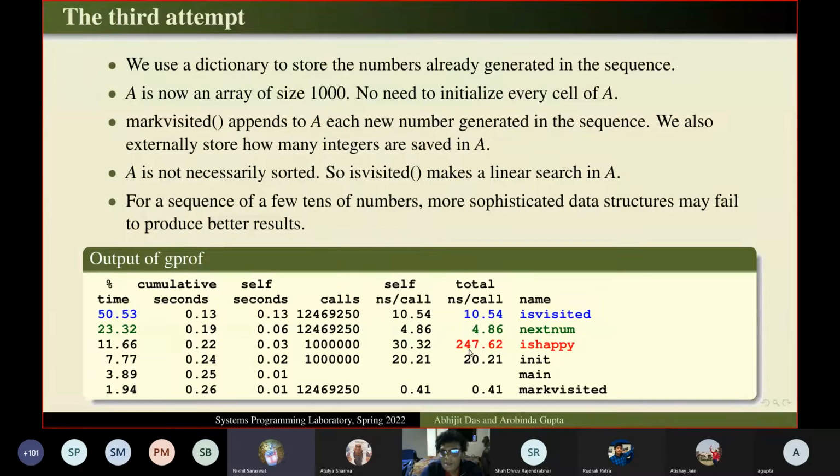So the question is, can I make it even faster? Here is our last idea. And this actually calls for a deep mathematical insight into the problem, just making these data structures more efficient will not lead to this fourth attempt.